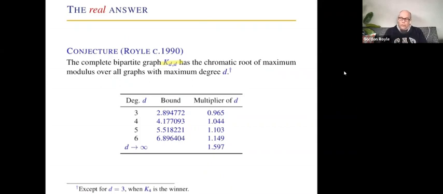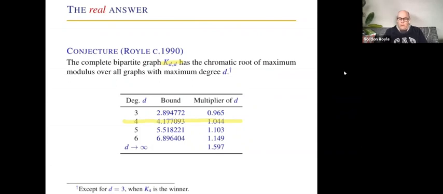If this is true, then what this says is that, for degree 4, the maximum modulus is about 4.177, and that's about 1.044 times 4. And for degree 5, you get a slightly better multiplier, and degree 6 a better multiplier still.